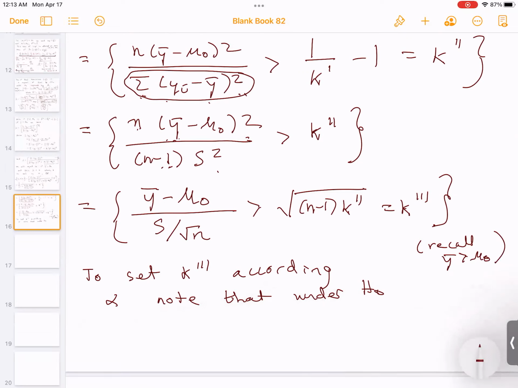Under H0, Y bar has mean mu zero, right? And if it has mean mu zero, then even if it's unknown, then this is what kind of distribution? I should write a capital.